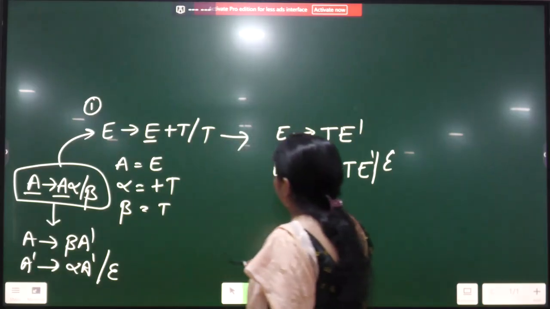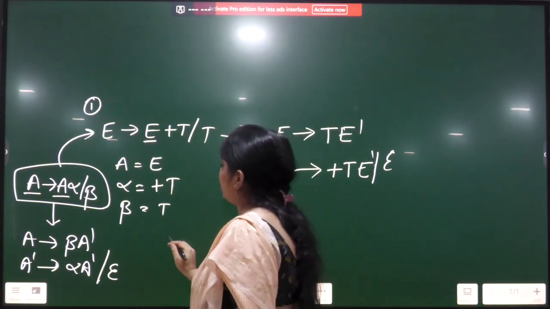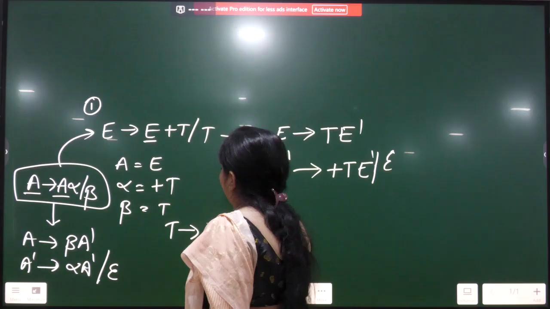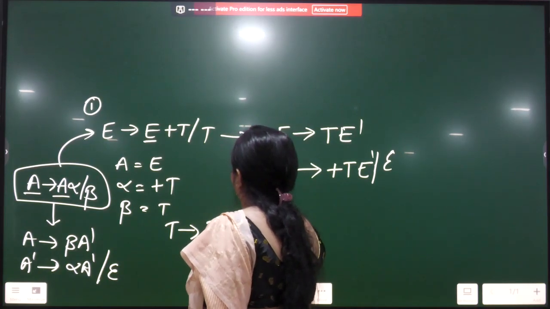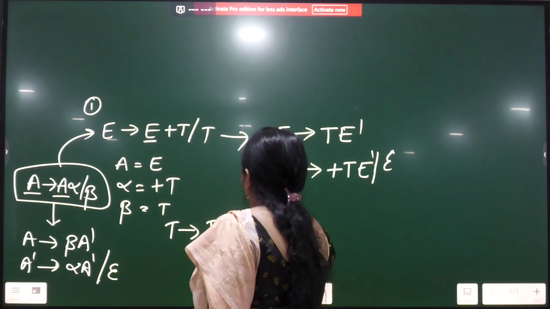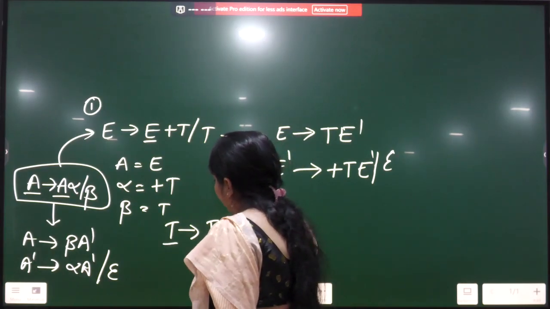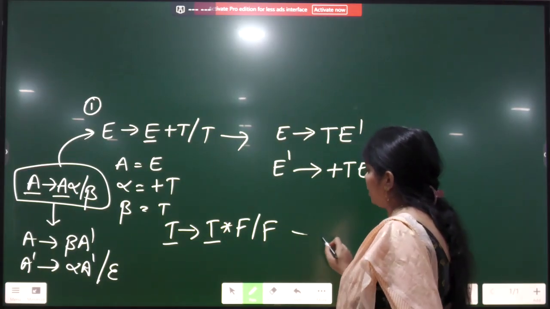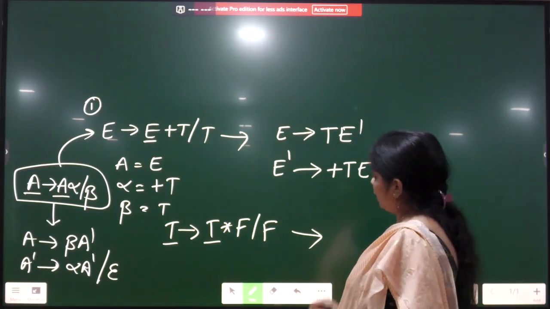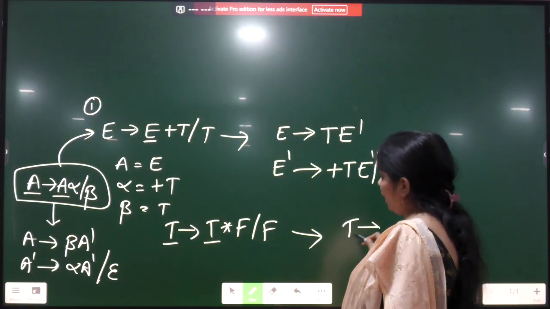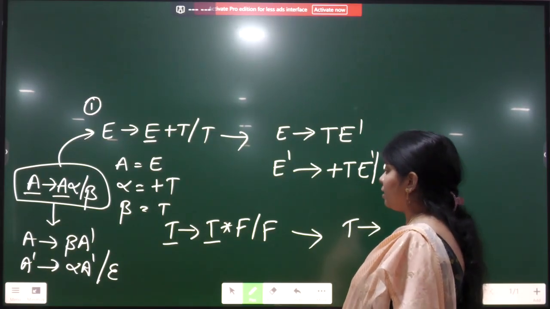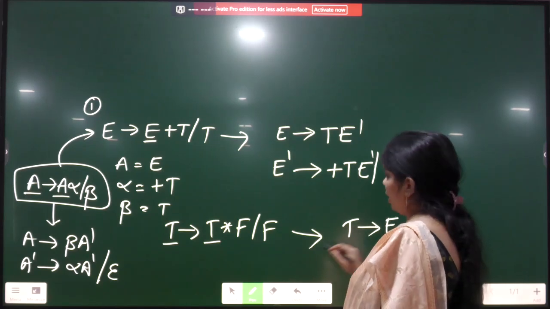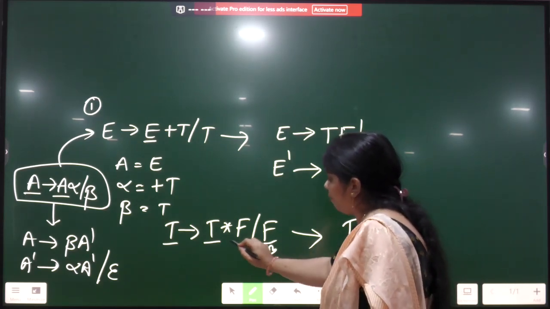What about the second production? The second production is T tends to T star F or F. Here both non-terminals are the same, so we can rewrite these productions with A value T and beta value F. Here this is beta and star F is alpha.